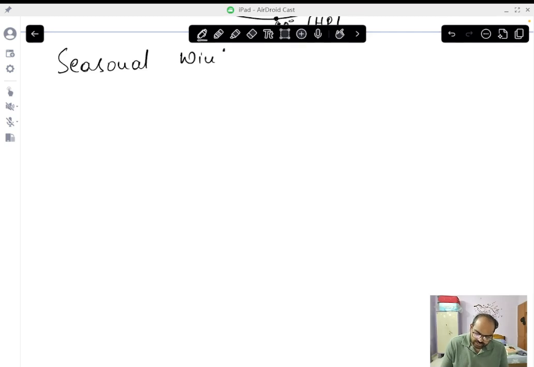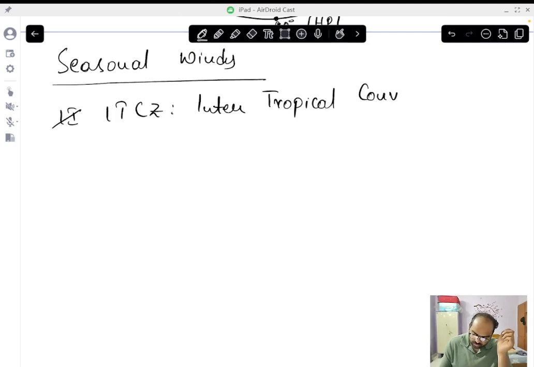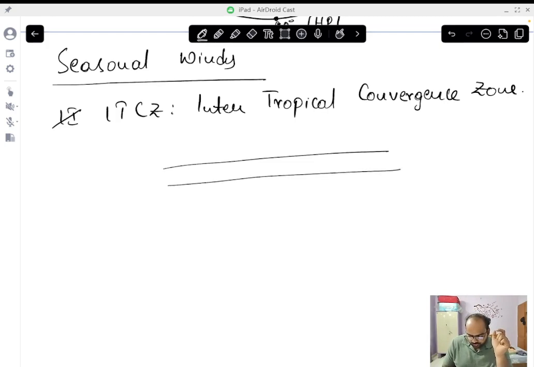Before learning seasonal winds, we have to learn about ITCZ. ITCZ means intertropical convergence zone. Whenever sunrays fall vertically on a particular region, ITCZ is developed on that region.